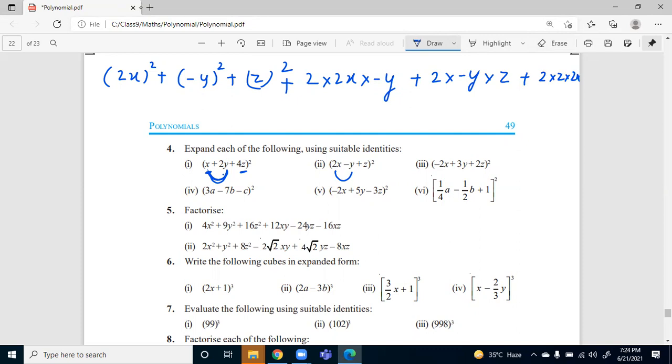So when you do this, 2x whole square is 4x square, minus y whole square is plus y square, and z square is z square.